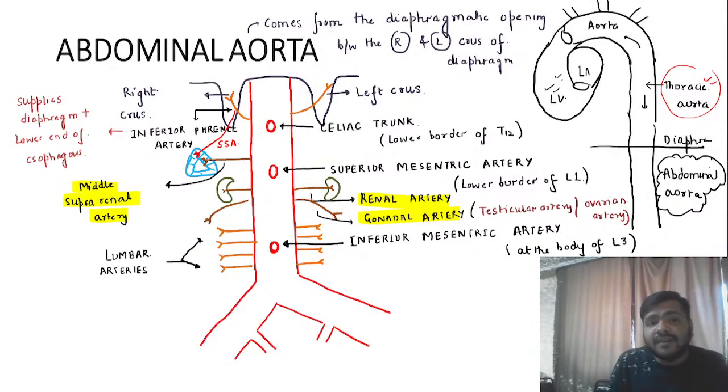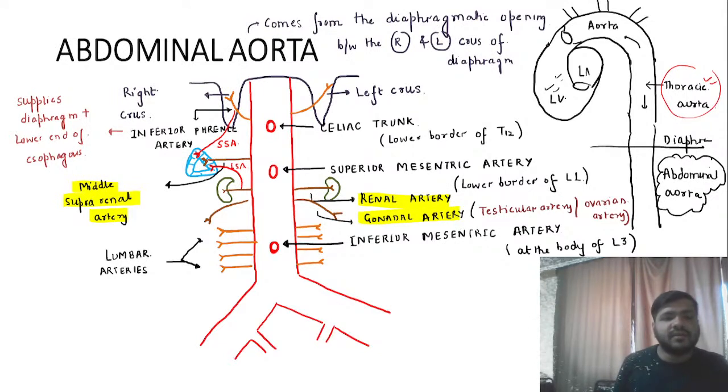And the inferior part comes from the renal artery, not directly from the aorta, so it is the inferior suprarenal artery.